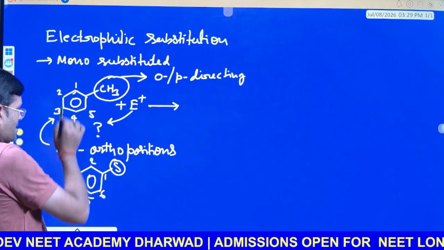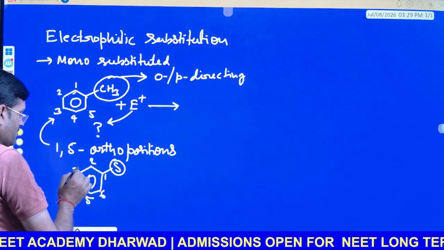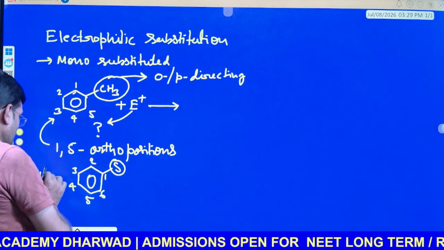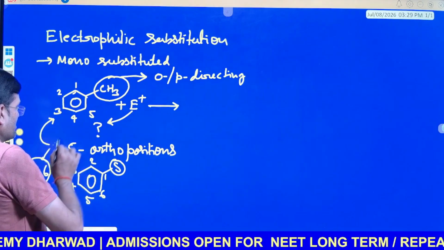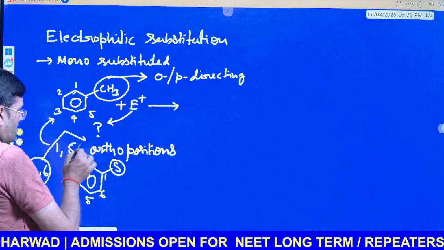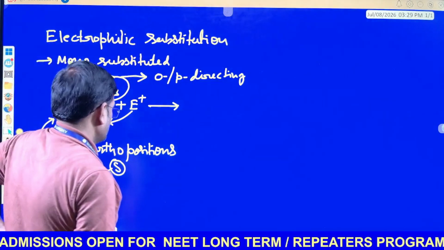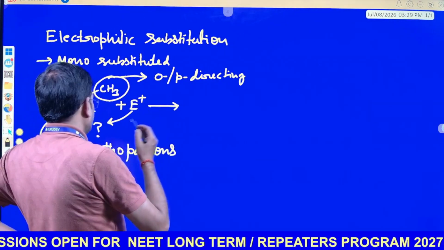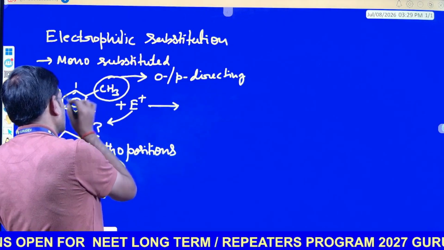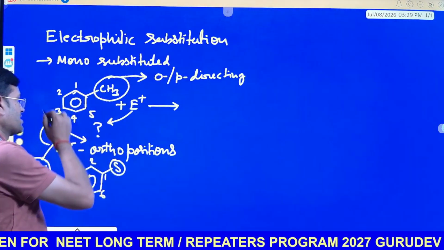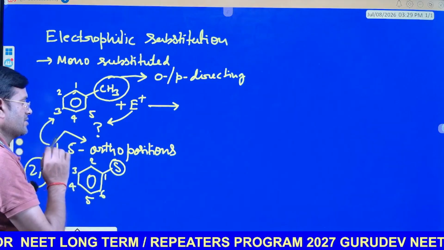So for this example 1, 5, but here 2, 6 is the ortho. Actually in all notation this must be followed. Okay. So it is orthopara directing, and as per this notation is concerned, 3 is the para here.